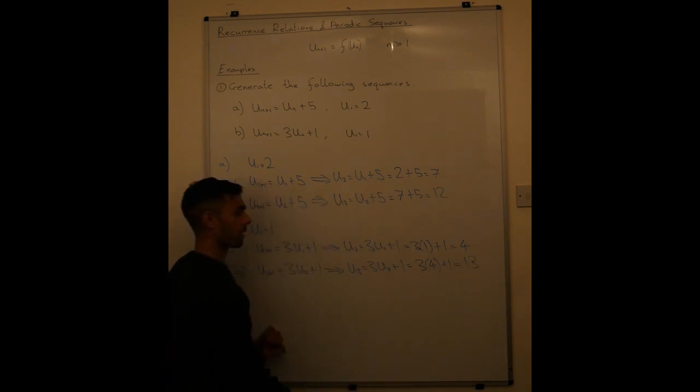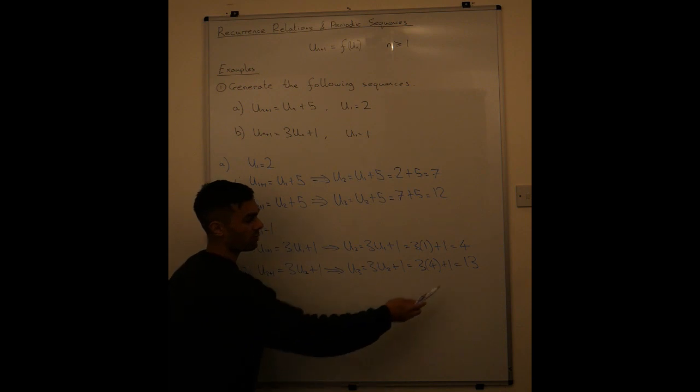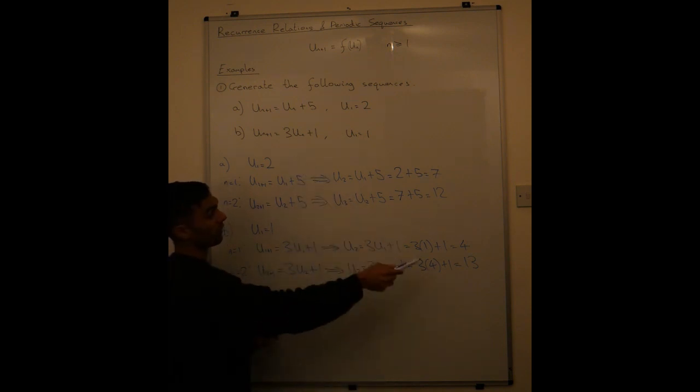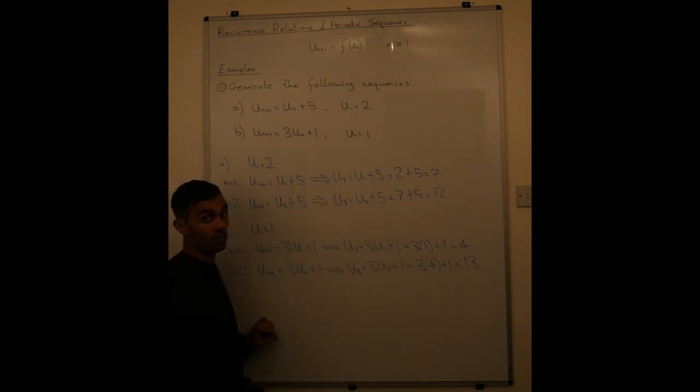Brilliant. Alright, and you don't have to write all of this out in the exam. To work out the subsequent terms, you can just take that, sub it in for un, and just get the next term. So you do 3 times 13 plus 1, take the answer to that, times it by 3 and add 1, take the answer to that, times it by 3 and add 1. And that's what a recurrence relation is.